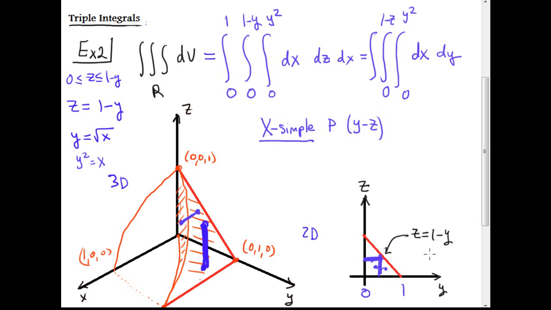It's the same equation here, but solved for y. Now finally, you extend in both directions from 0 to 1 dz. Okay, it's another way to set up the triple integral.